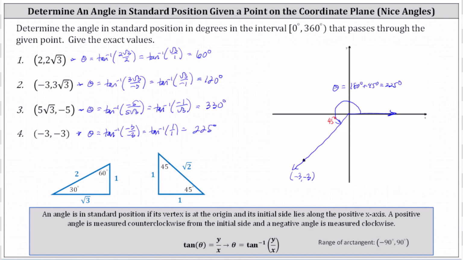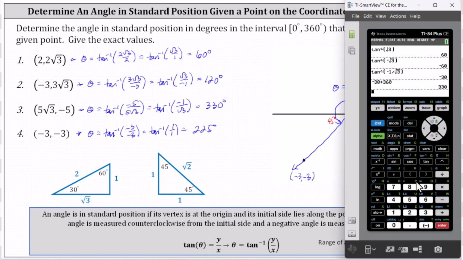Going to the calculator, we enter second tangent. Well, 1 divided by 1 simplifies to 1, so we can just enter 1, close parenthesis, enter. And again, the calculator gives us 45 degrees, which is not the correct angle because it's not in the third quadrant, but it does give us the correct reference angle.